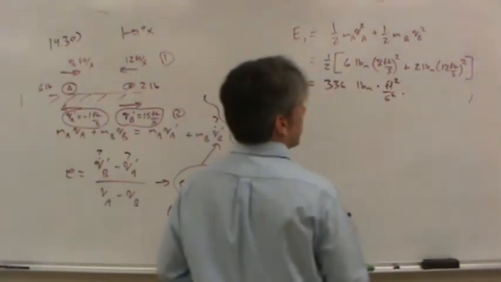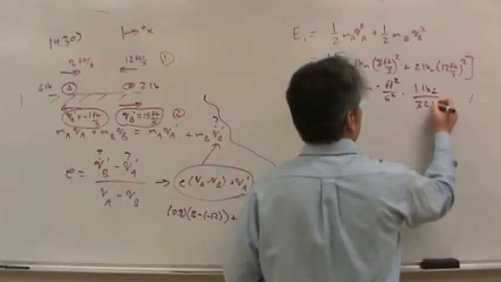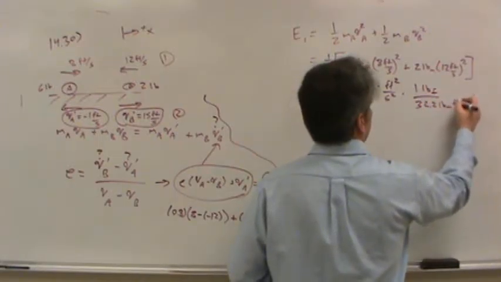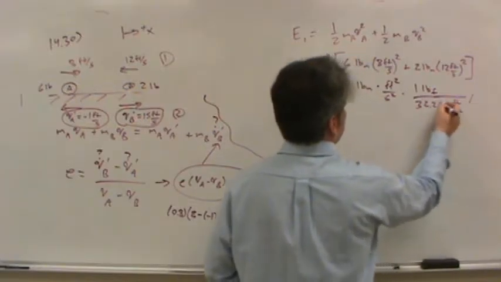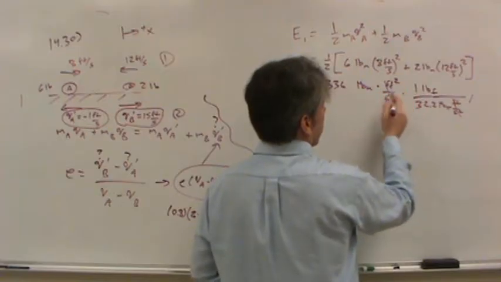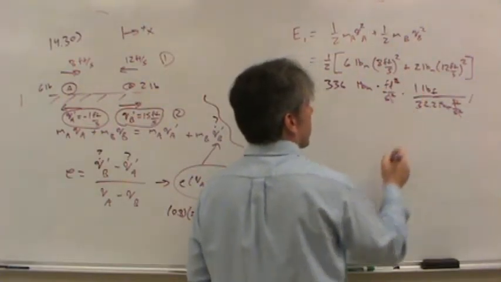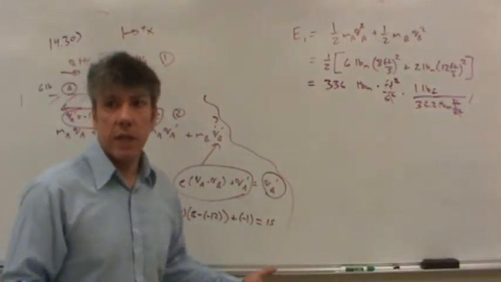So all we have to do is multiply by 1 pound force per 32.2 pound mass feet per second squared. And look what happens. The pounds mass go away, and all the feet per second squared go away except for one of the feet. And we end up with pounds force feet.